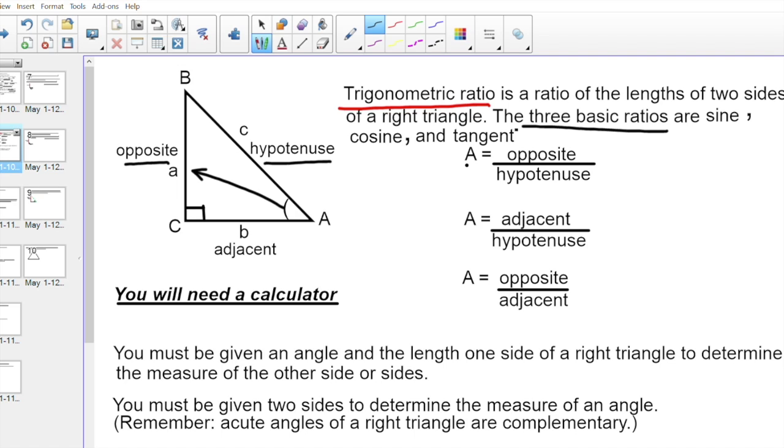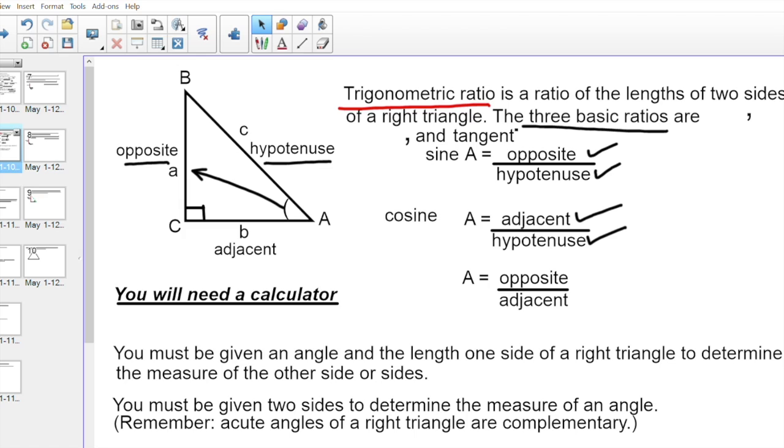So when you write the ratio of opposite over the hypotenuse, then the name of that ratio is sine. And when you write the ratio of the adjacent side over the length of the hypotenuse, that's the cosine of angle A.